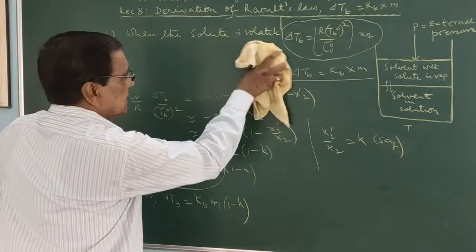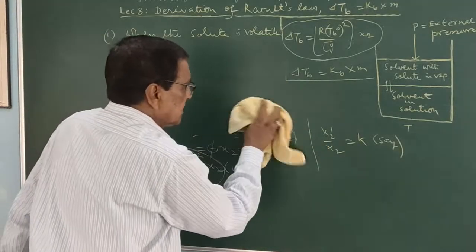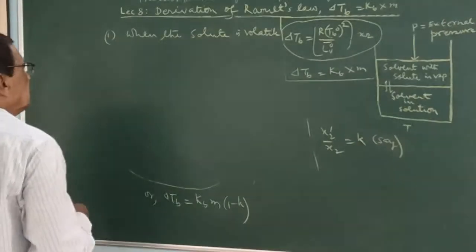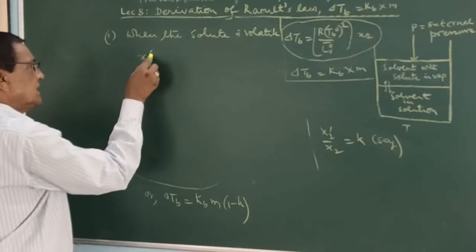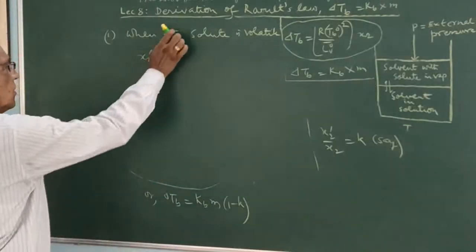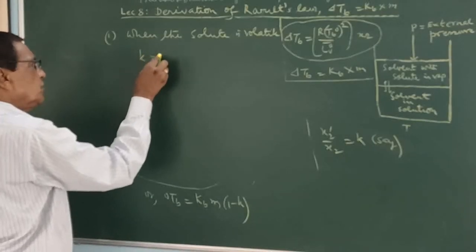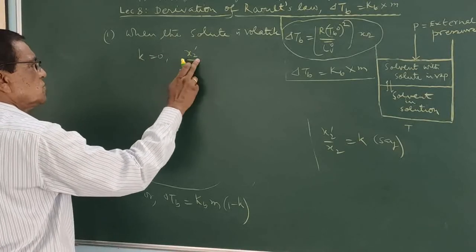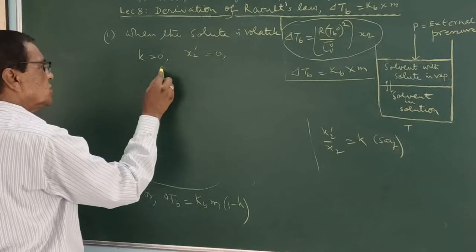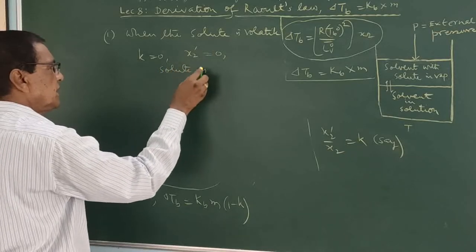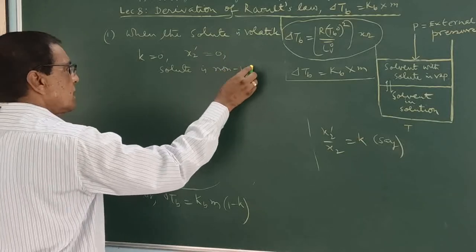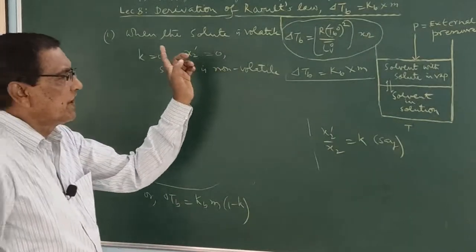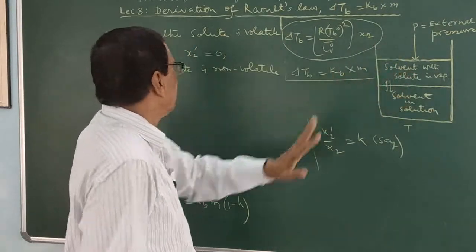So 3 cases. We may consider the 3 cases one after another. Suppose x2 dash equal to 0, or say k equal to 0. k equal to 0 means x2 dash equal to 0, and the solute is non-volatile, since the mole fraction of the solute in this vapor phase equals 0.